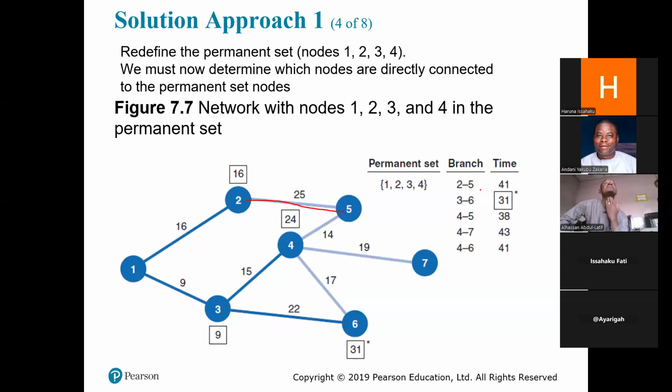So that branch is 41. Then we can also have from 4 to 5. So from 4 to 5, that branch is 9 plus 15 plus 14, which is 38.